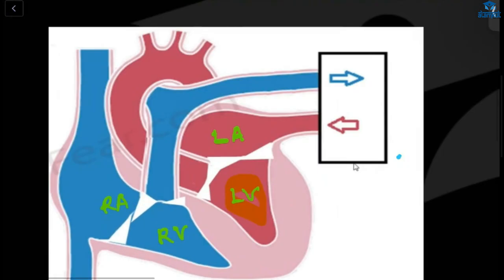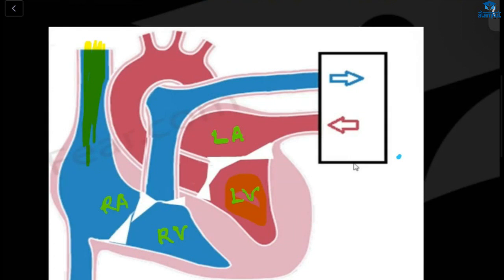Now, let's see. What about this one? Ma'am, from there deoxygenated blood is going. First, let's talk about this one. Here deoxygenated blood is coming in, right? So, which blood vessels carry deoxygenated blood?